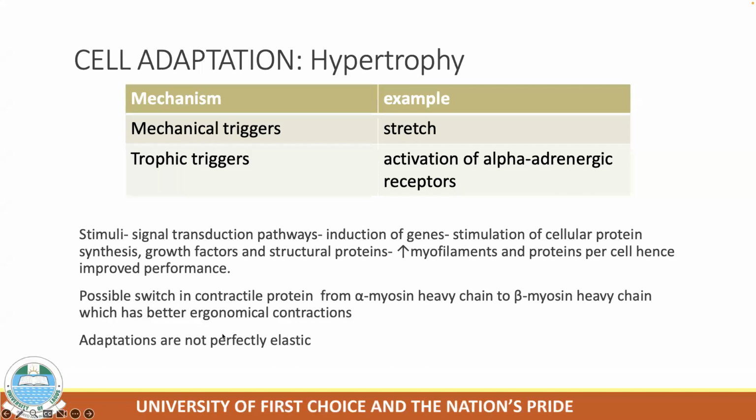This is a very, very important cascade of events. Reason being that the hypertrophy that we see in cells undergoing this kind of adaptation cannot happen without the increased production of cellular proteins, the myofilaments, and other proteins within the cell, that lead to the improved performance of the cell, that you see when you start, for example, exercising, and then you find that you are already able to accommodate to a certain weight of dumbbells, then you move to another set of dumbbells.